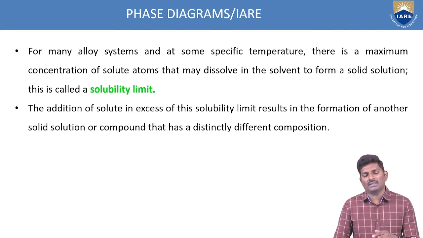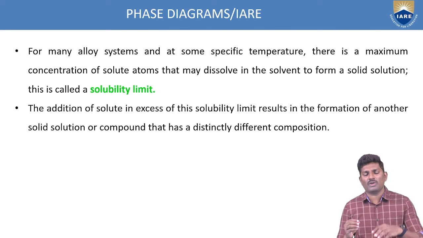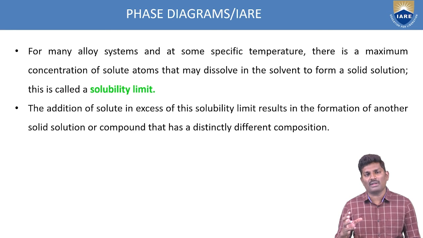Still, if you add some more sugar, it is dissolved. But what is happening there? The density of that liquid is increasing. If you add still more sugar, you can't dissolve it. Why? Because you are already forming a sugar syrup inside. So that is the main example to define a solubility limit. That means beyond this solubility limit, you cannot add more.